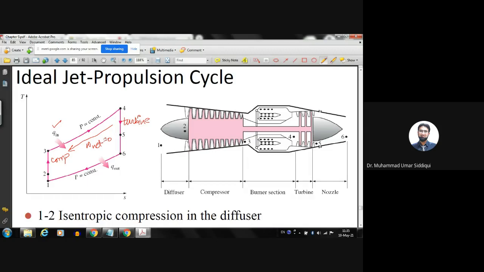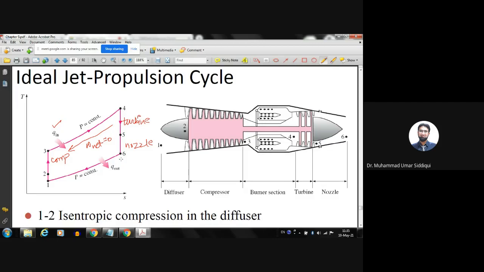Rather, what we do is we produce the high pressure and high temperature gases that we then pass through another device which is known as nozzle. Now we couple the nozzle with the turbine, and the nozzle has an advantage we studied in chapter number 5, that it can convert high pressure energy into high velocity output. So this is what we need.